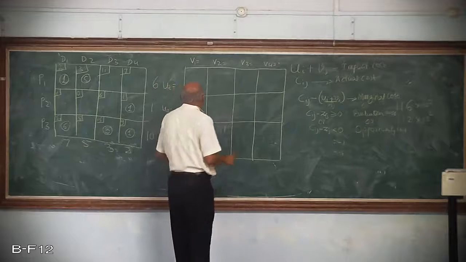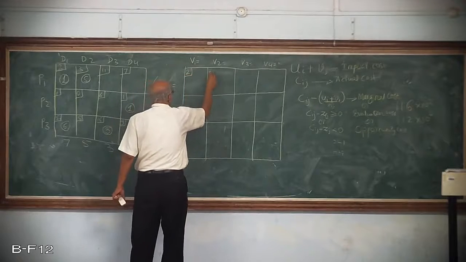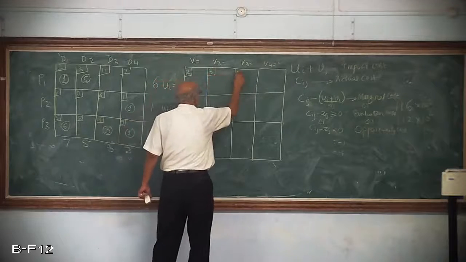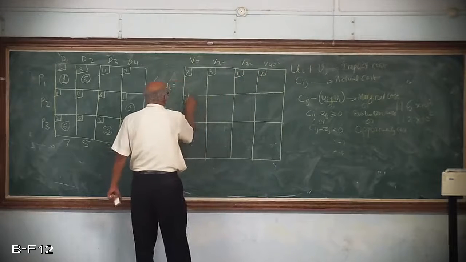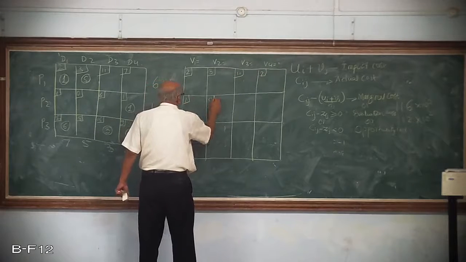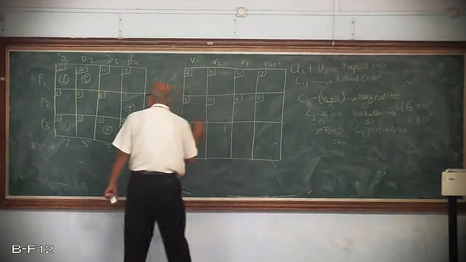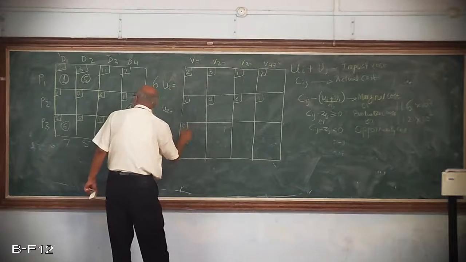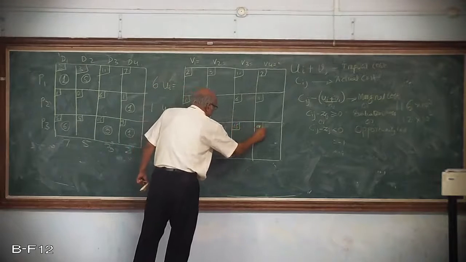And these are the cost values, I have put the Cij values, 15 and 9.